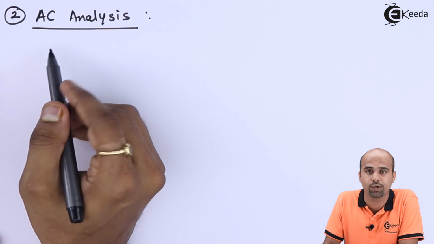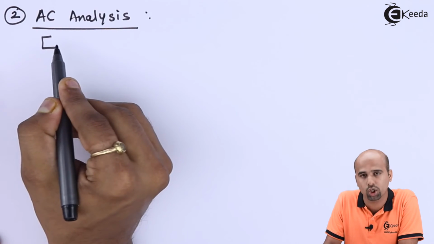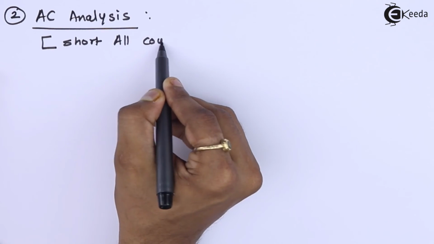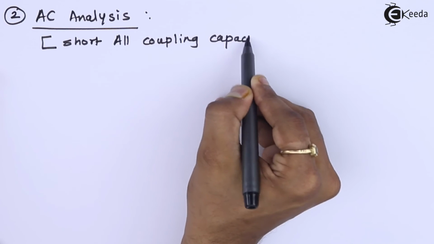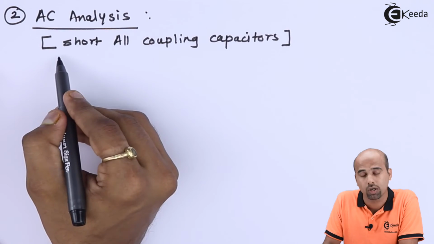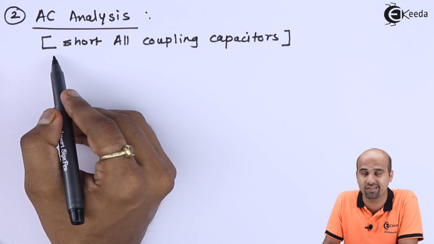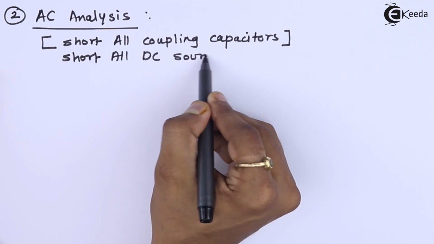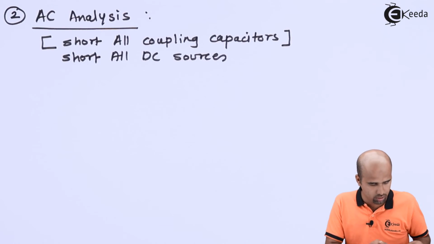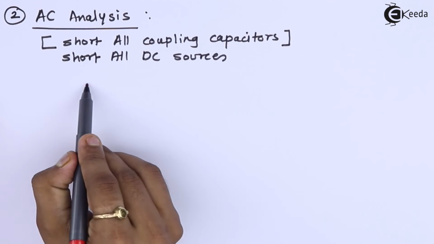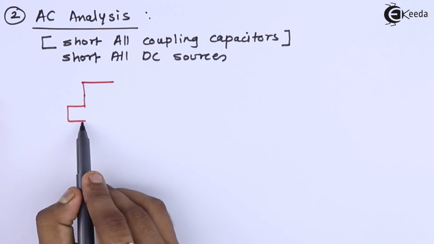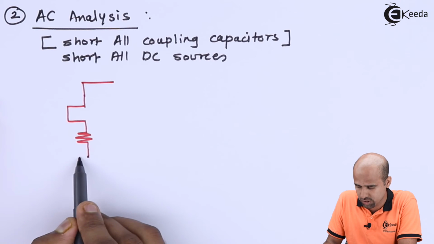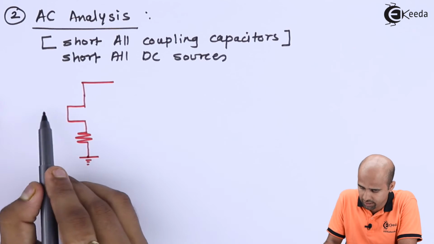For AC analysis, you have to keep in mind that we have to short all the capacitors, and one more thing, you have to short all the DC sources. Now my circuit will become: this was connected initially to minus 2 volts, I will connect it to ground directly.